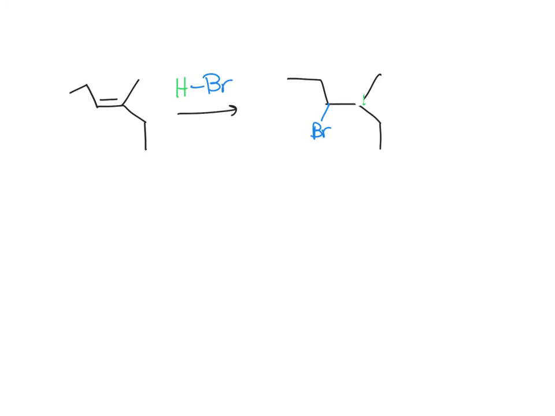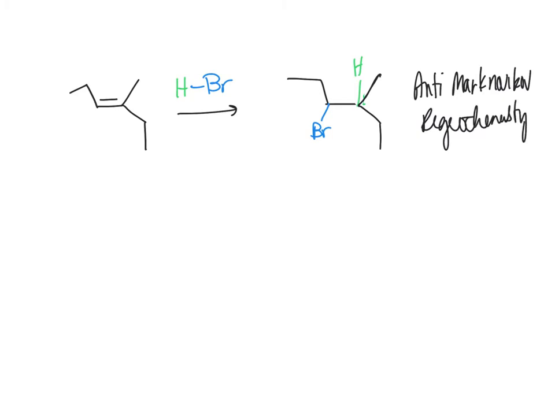Okay, so they didn't understand this, because this is the anti-Markovnikov regiochemistry. So this is opposite what we saw. Here we have the Br going to this less substituted carbon, and the hydrogen going to the more substituted. This is anti-Markovnikov regiochemistry.